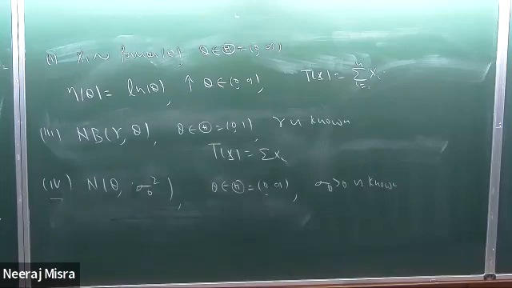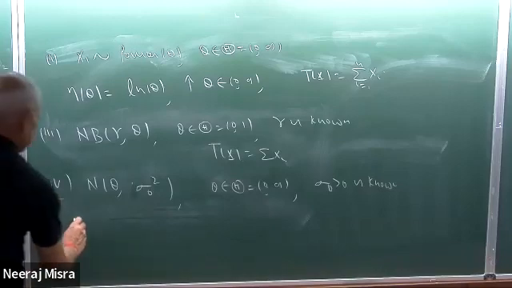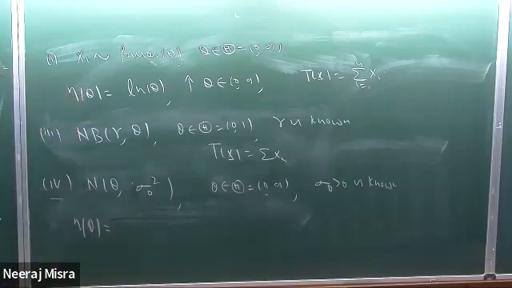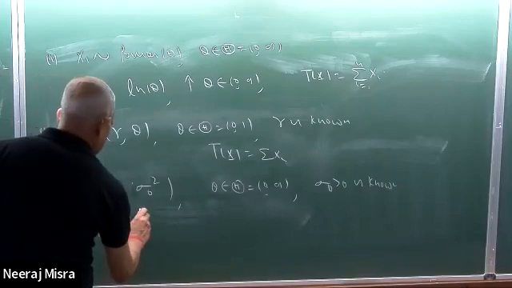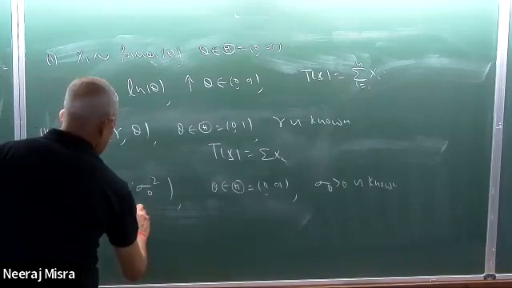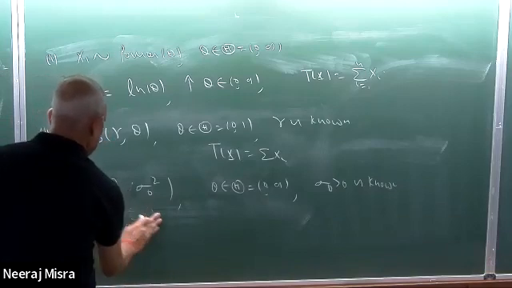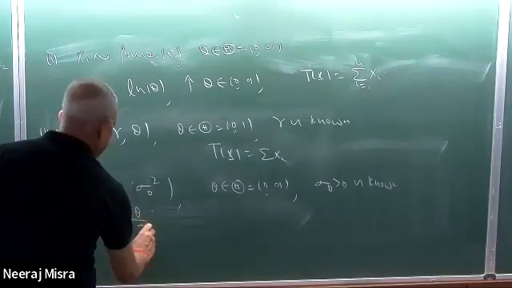Right? E to power minus 1 by 2 summation xi square. So what would be eta theta? E to power n x bar is e to power summation xi theta by sigma naught square, right?